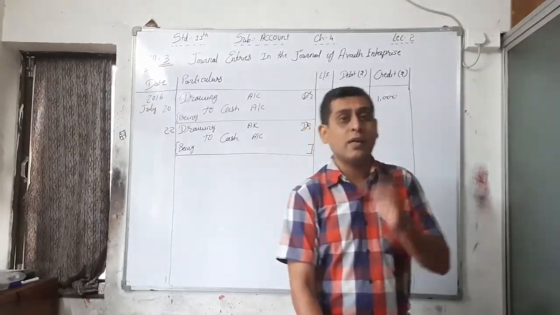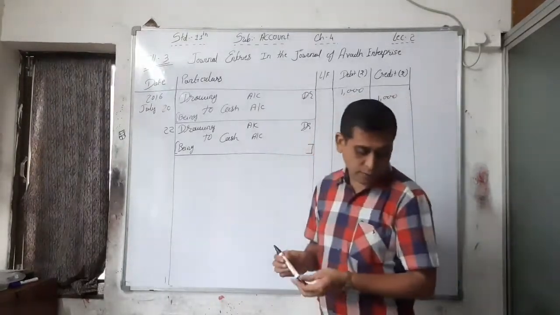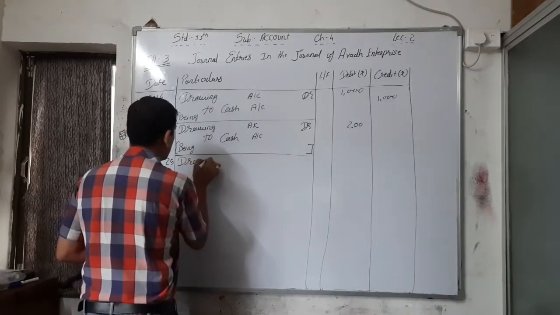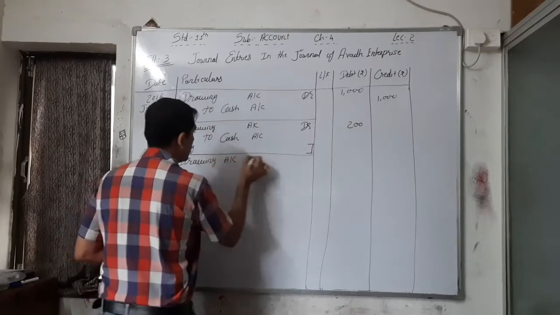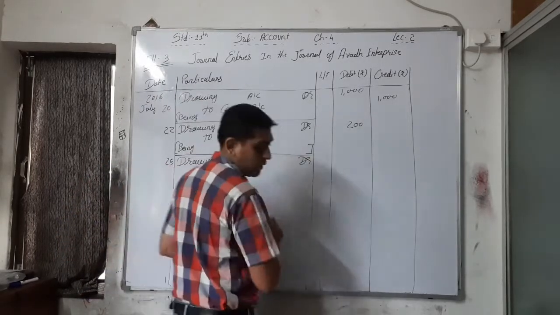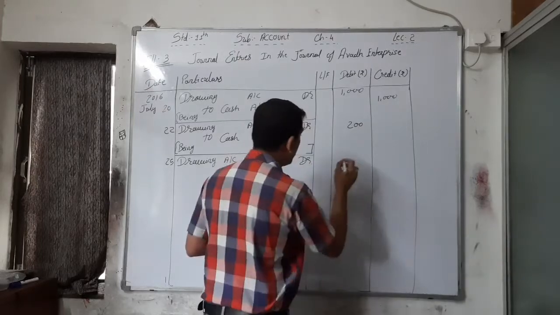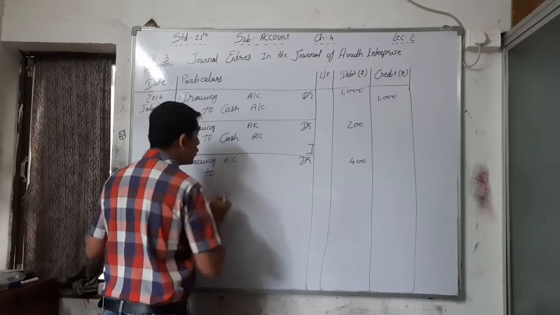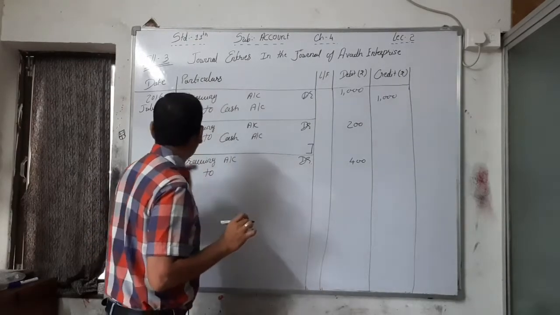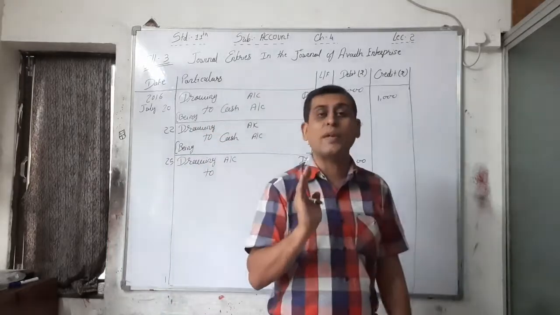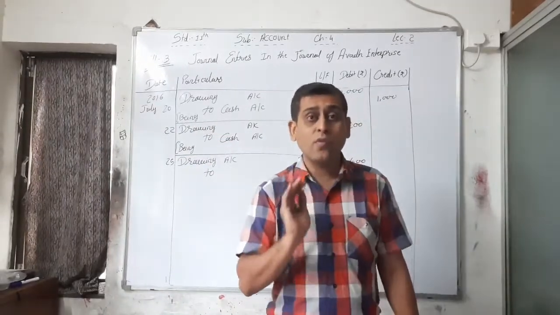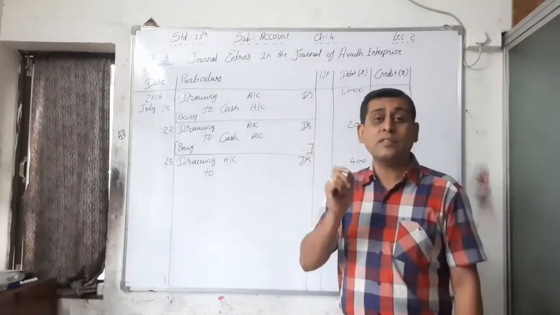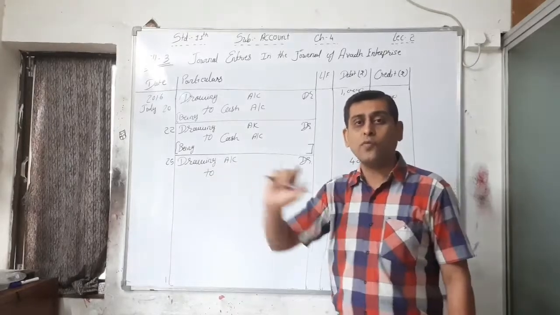So here we have to write drawing account debit, 25th July, rupees 400, to... In the 16th, 20th and 22nd July entries I wrote cash, but here we have to write purchase account, because here cash does not go out of the business, goods go out of the business.